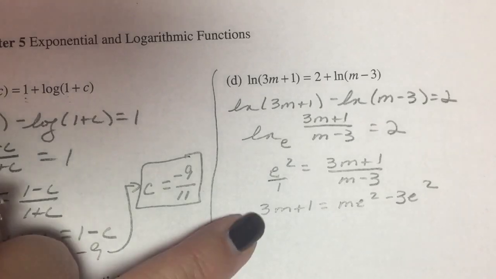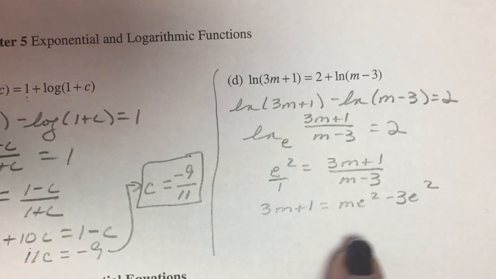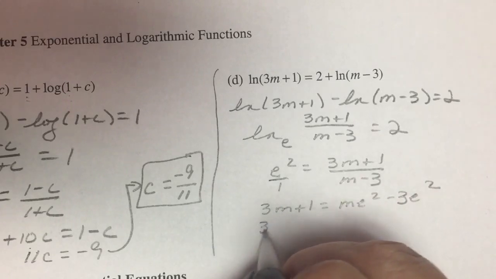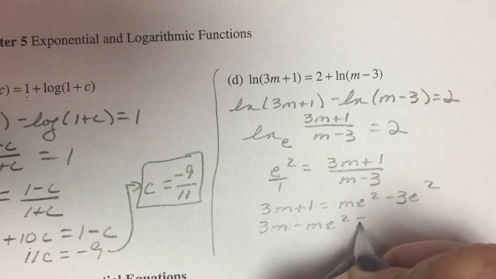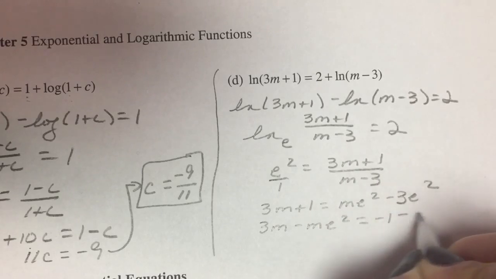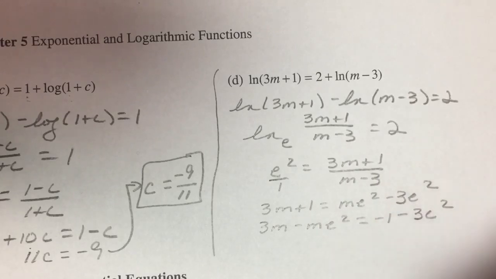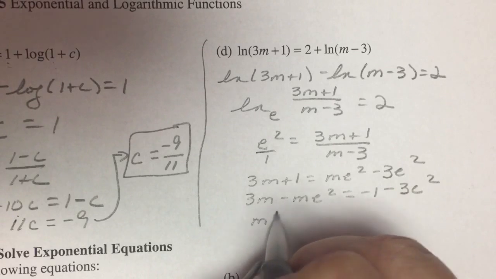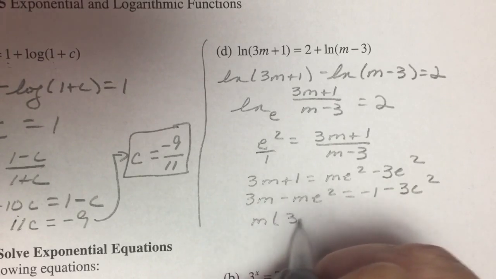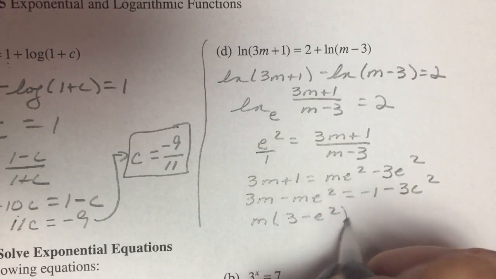Now I'm solving for m, so I need to get everything with an m to one side. So it would be 3m minus me squared equals negative 1 minus 3e squared. I need to factor out the m here. We've done a problem like this before. So that would be 3 minus e squared times m.